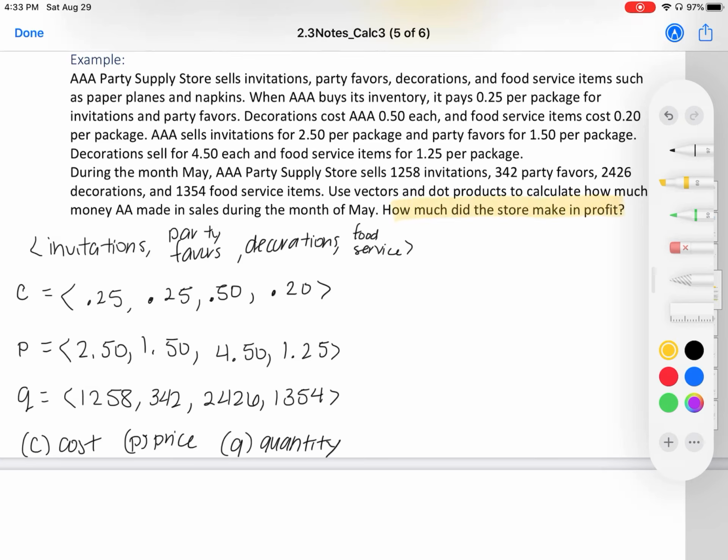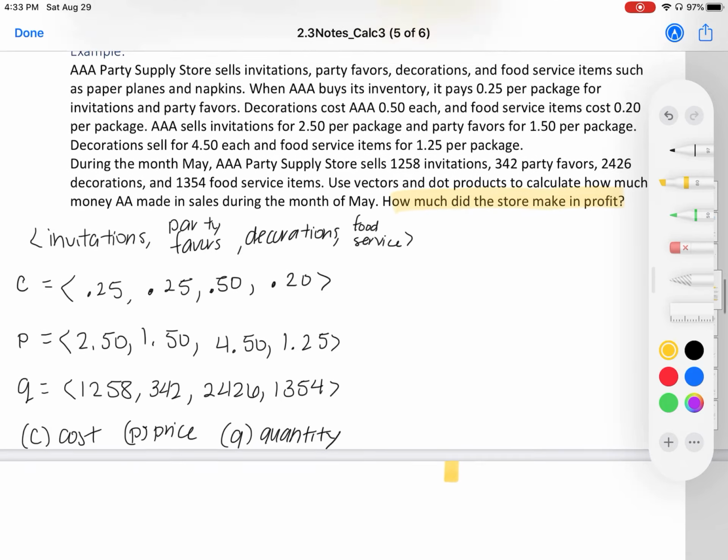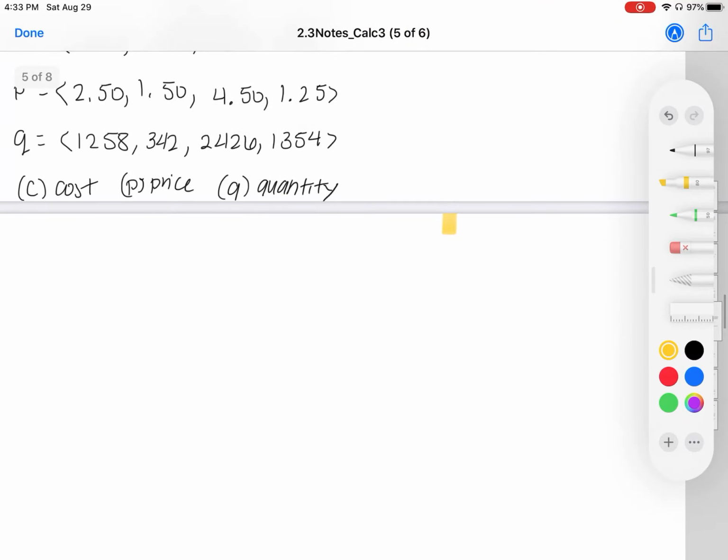Well, is there a way to first find out how much we sold, and then how much we spent on material? Let's go ahead and do that. So let's first determine our sales. How much did we make?